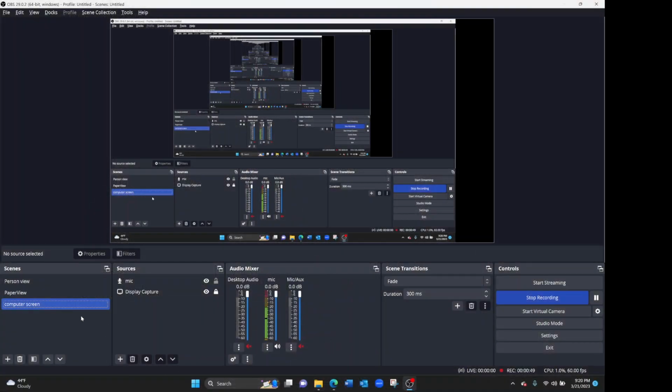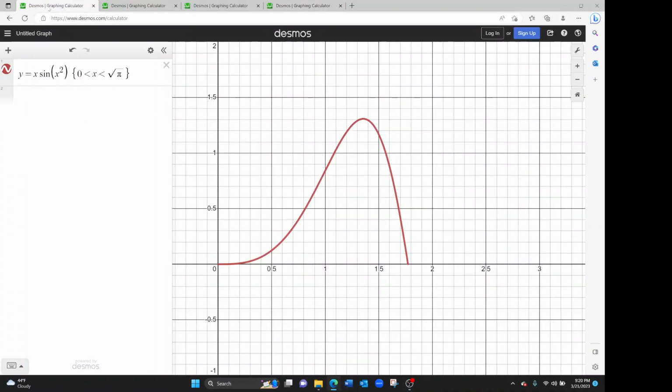So I'm going to go to the computer screen, and here I have a graph of it. Y equals x sine of x squared, from 0 to the square root of pi. We were finding the area trapped between this curve and the x-axis. That's what we were finding.